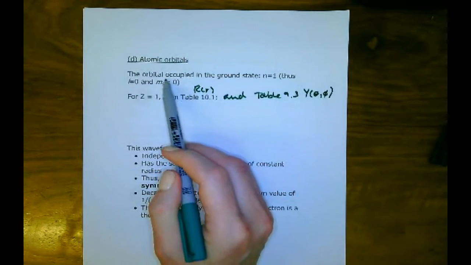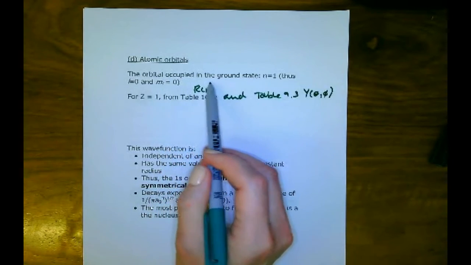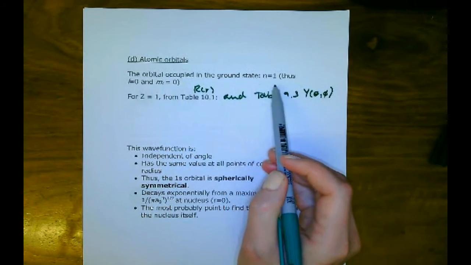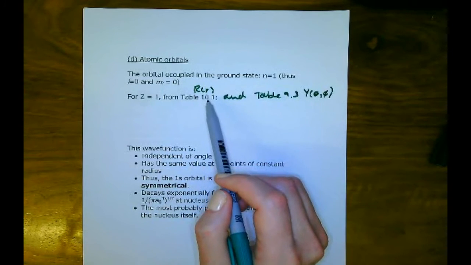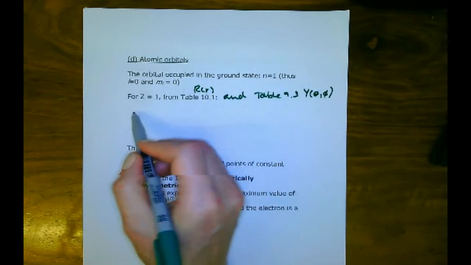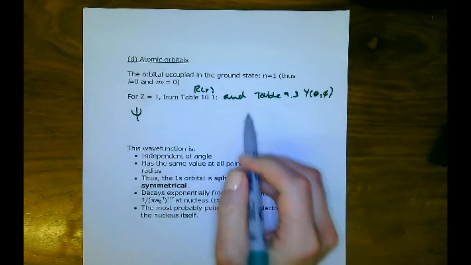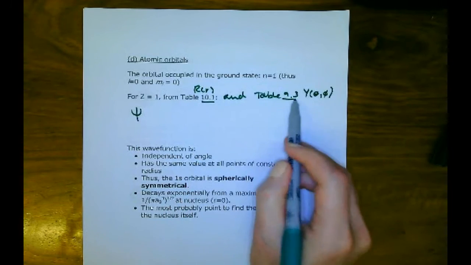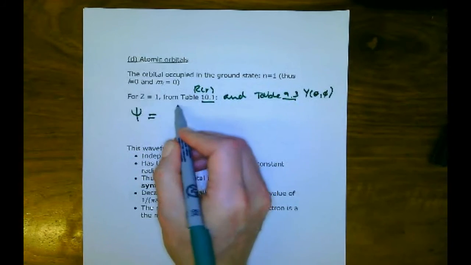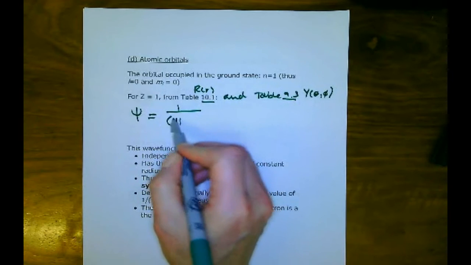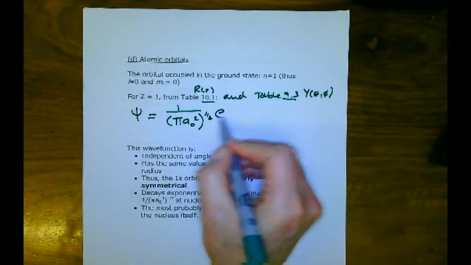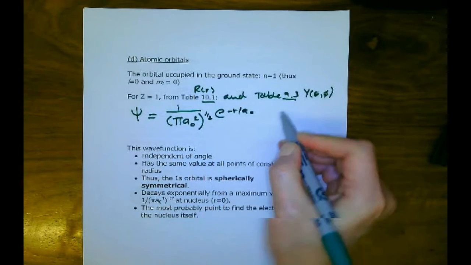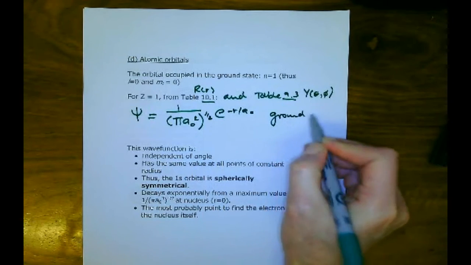So let's say we are interested in the orbital occupied in the ground state of the hydrogen atom, so n equal to 1, l equal to 0, and m_l equal to 0. If you use table 10.1 and table 9.3, you should be able to get this wave function. And this is the ground state.